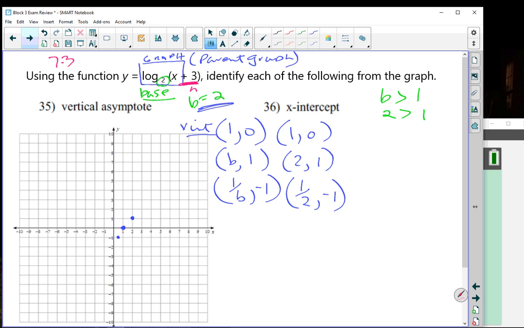Is there anything out here to the side? No. Okay, so K equals what? 0. And if you want to, H equals -3. So each one of these dots are going to move 3 left. Okay, so 1, 2, 3. 1, 2, 3. 1, 2, 3.